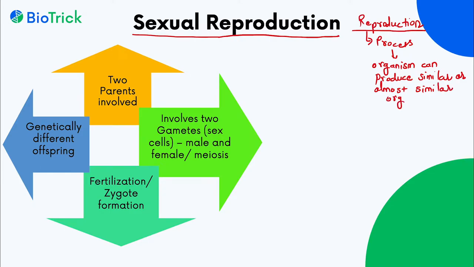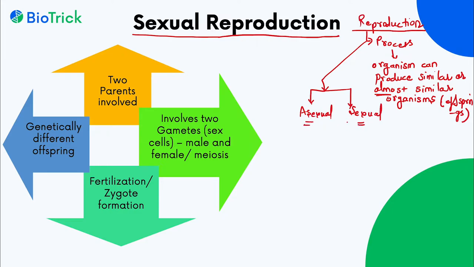It is a process by which any living organism can produce its similar or almost similar organisms, or we can say offsprings. It can occur in two ways: asexual or sexual. That is asexual reproduction or sexual reproduction.